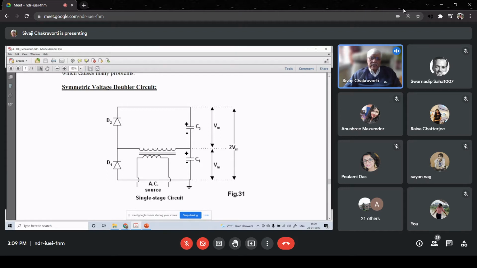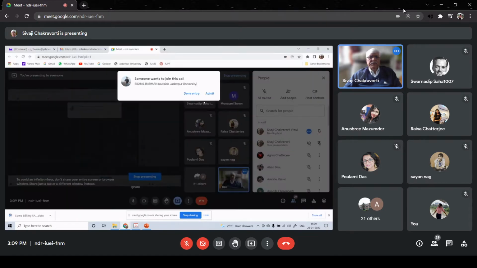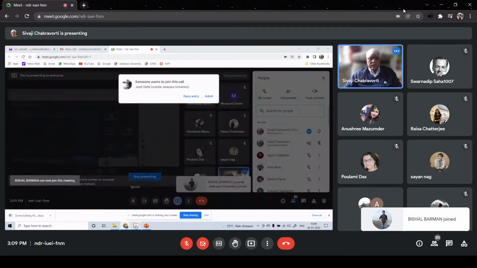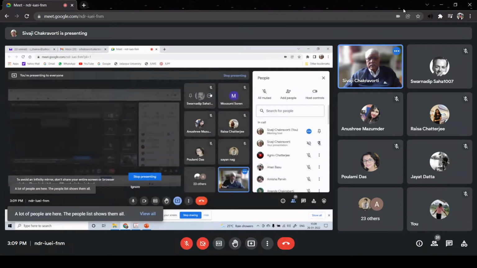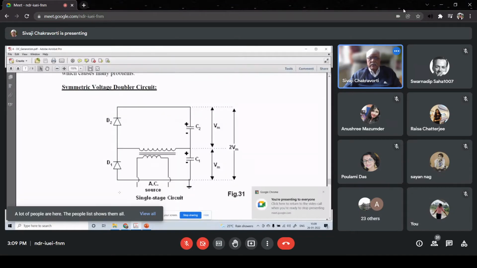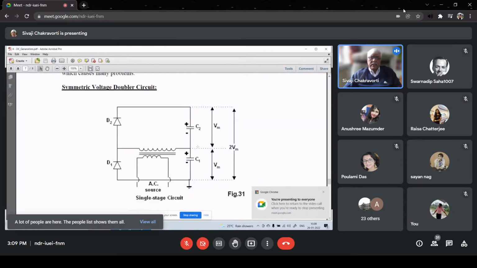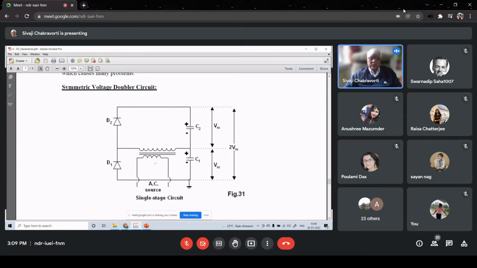You can clearly see that since this is an AC voltage, the polarity will be alternating every half cycle. Just think about the secondary of the transformer, don't consider the primary.